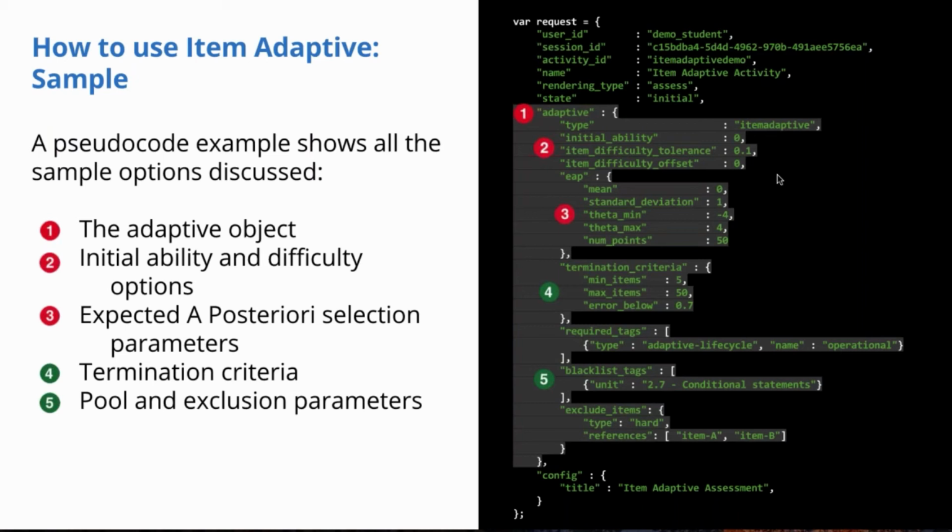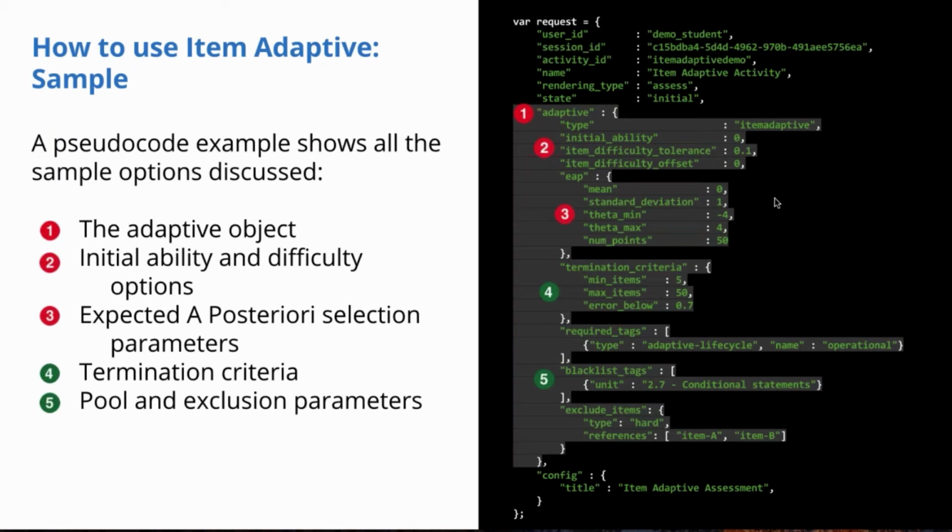We then are setting up our expected a posteriori evaluation prior to ultimately having a mixed response. So here we're going to start with a mean of 0. Standard deviation will be 1. The minimum difficulty will be -4. The maximum will be 4. And the number of points will be set for 50.